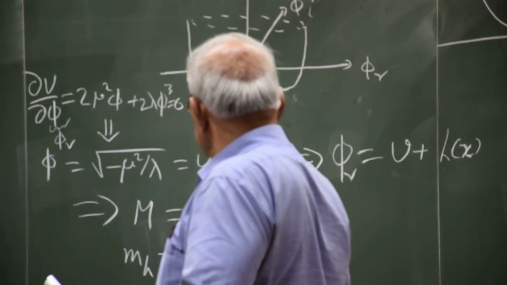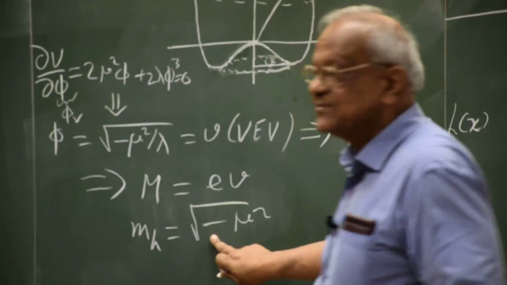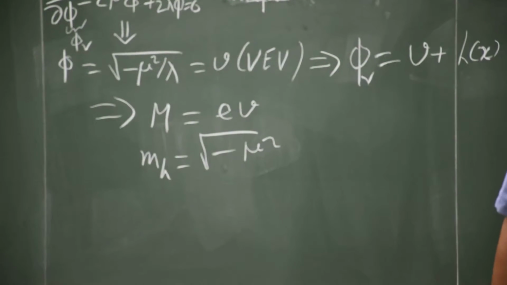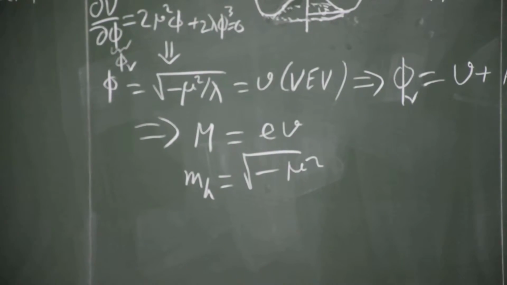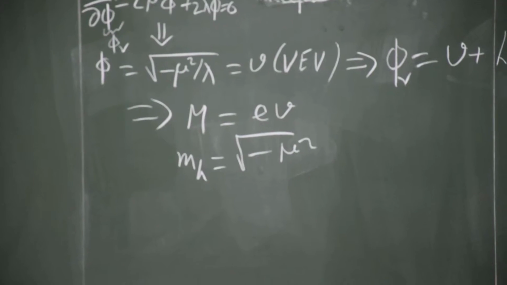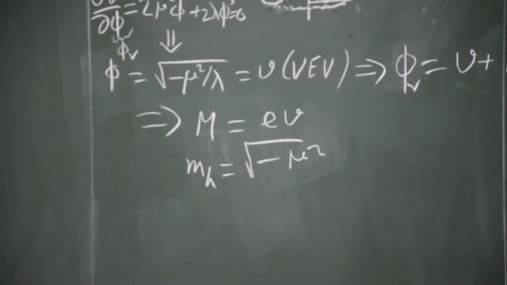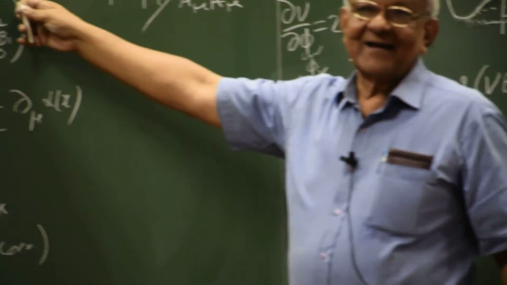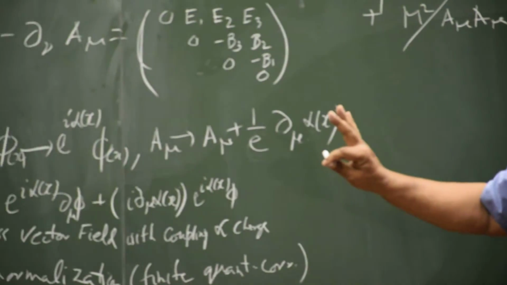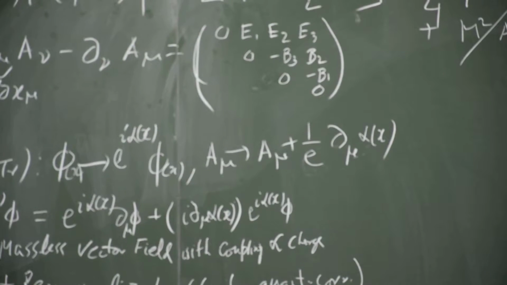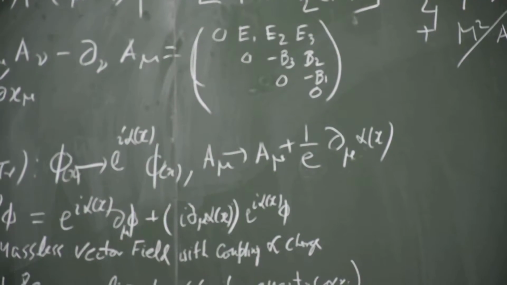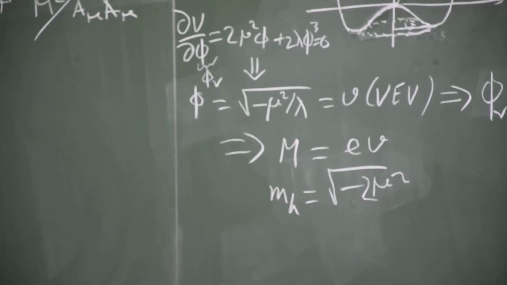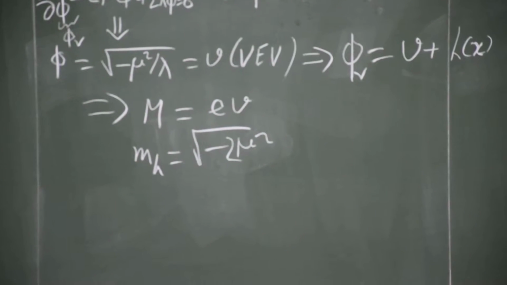It will be minus mu square. Mu square is negative, so the physical field will get a real mass. Okay? You can do this exercise as homework. It will not take more than 5 minutes. I think you will get a factor of 2 there.